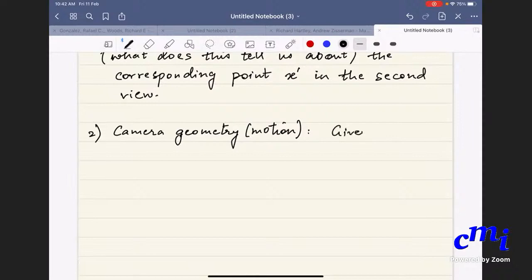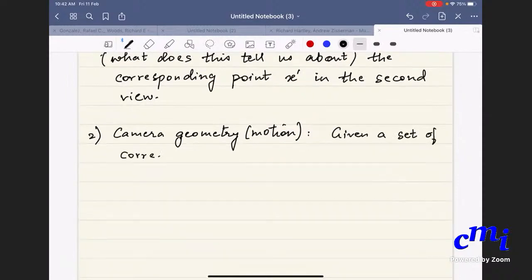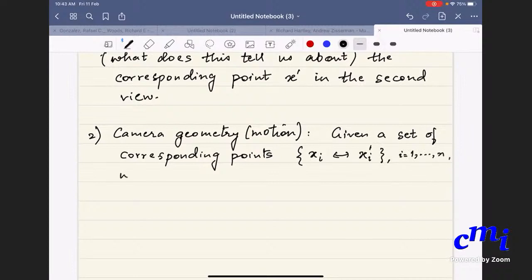Given a set of corresponding points, which means matching points on the two images, say you have a set xi corresponding with the points xi prime, for some number of correspondences, then from this information, can you say what the two camera matrices P and P prime for the two views are?